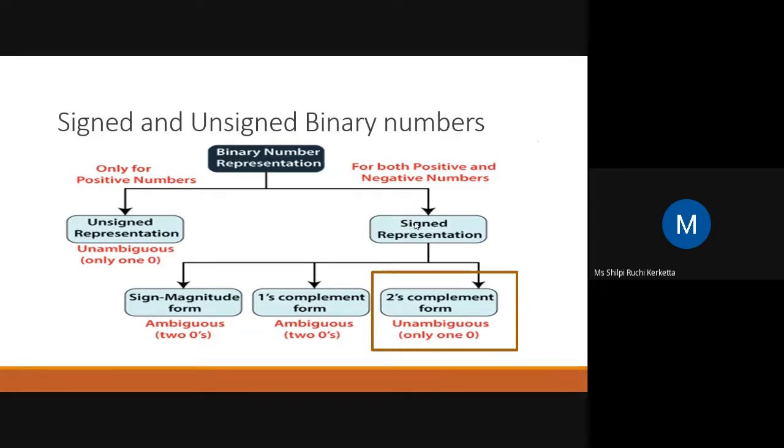So what is unsigned? Only positive numbers are there. But if we have both positive and negative numbers, we call it a signed binary number or signed representation. In the syllabus, we are using 2's complement. Signed binary numbers are of different types, but we have to study 2's complement.